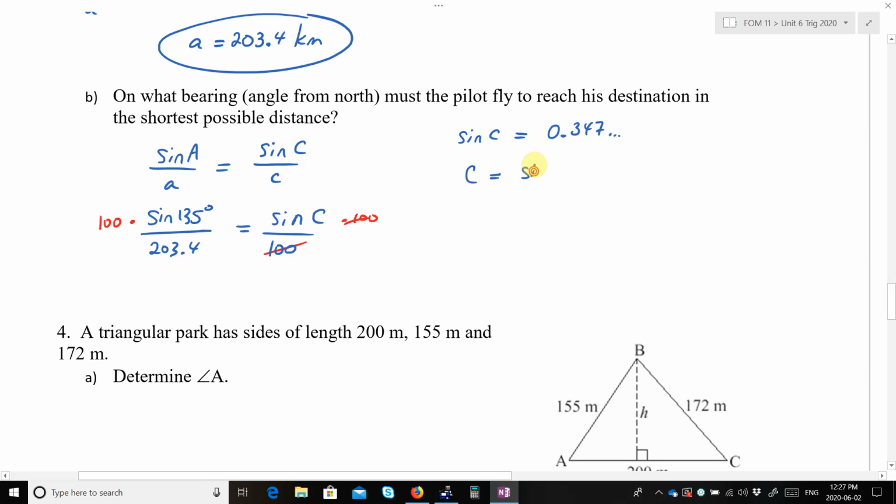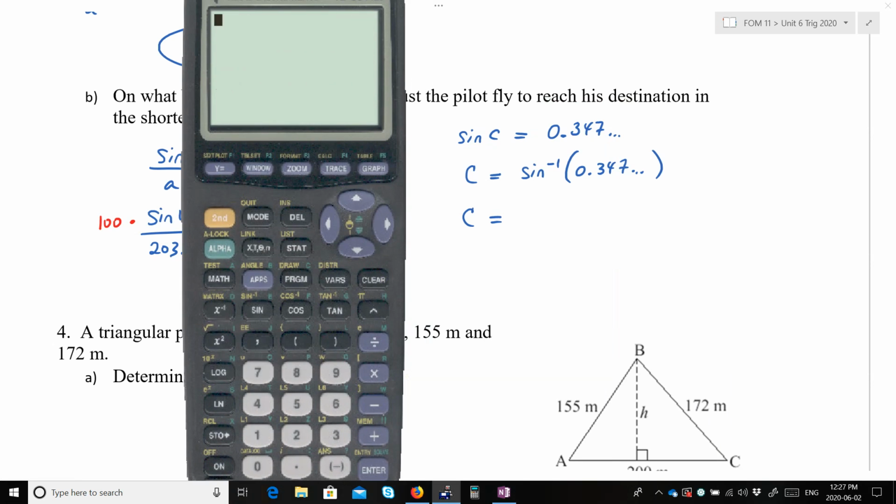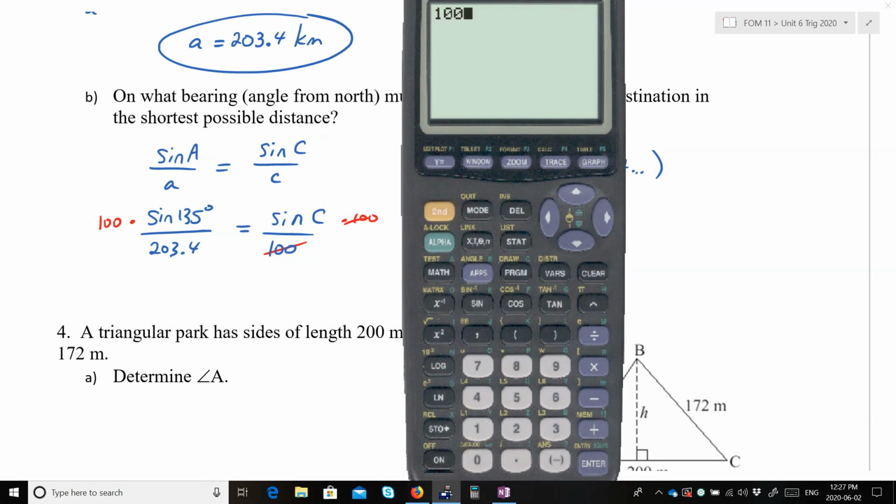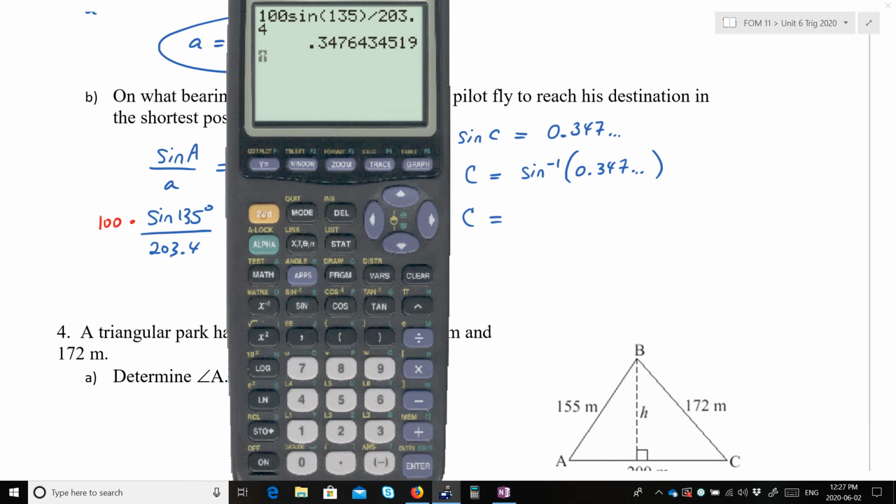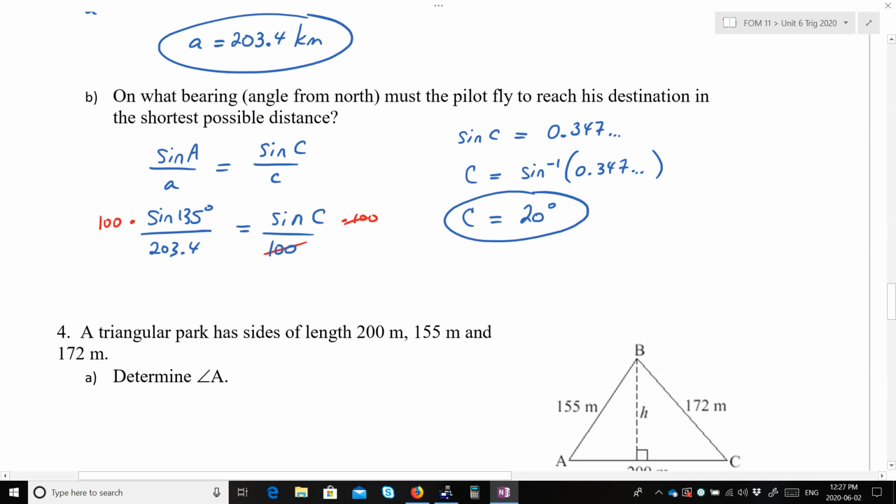And so then C is sine inverse of 0.347. Oops, kind of wrecked that. 100 sine 135 divided by 203.4. Second function sine, and the answer is 20.3, or it's an angle we're finding, so 20 degrees. Good.